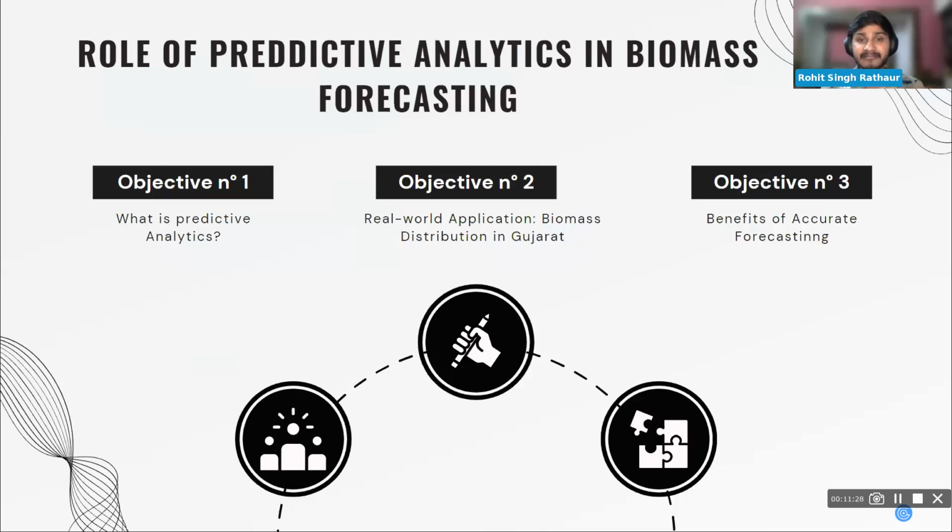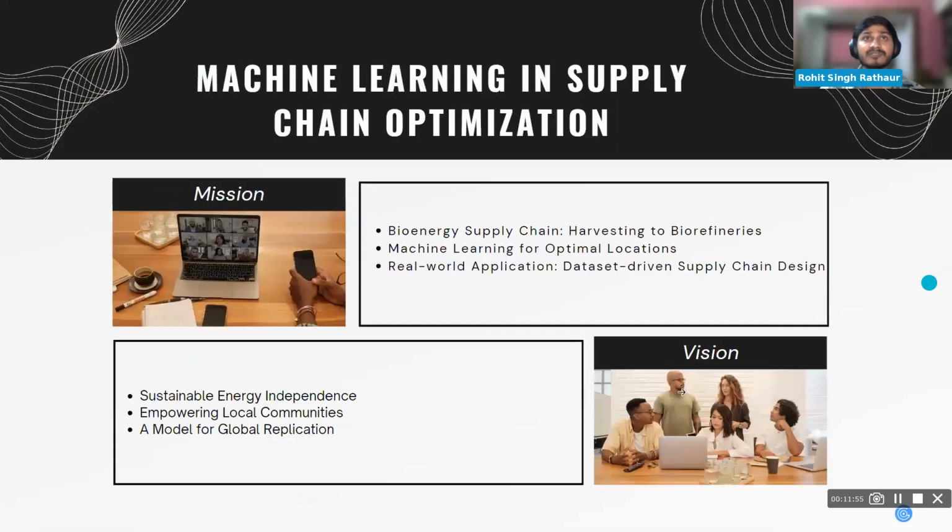Efficient routes mean fewer emissions, and strategic facility placement reduces the need for long haul transportation. In essence, predictive analytics doesn't just make the process smoother, it also makes it smarter, more sustainable, and more in line with the goals of a lower carbon future. So now let's move to the next slide.